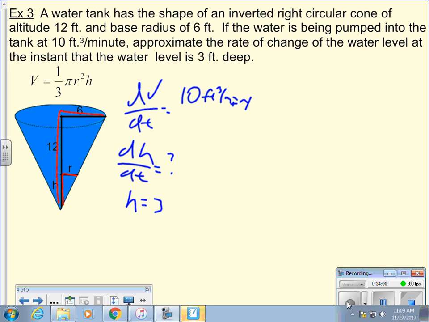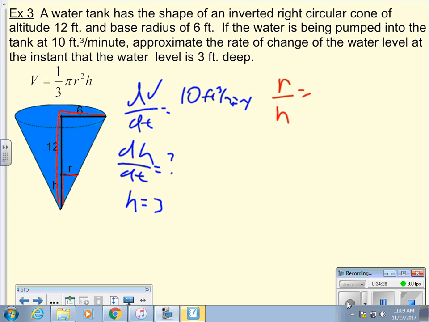What kind of triangles are those? Right triangles. There's a relationship between the two other than right triangles. What is that relationship between them? They are similar triangles, which means that they are proportional, which means the radius over height is always a constant ratio.